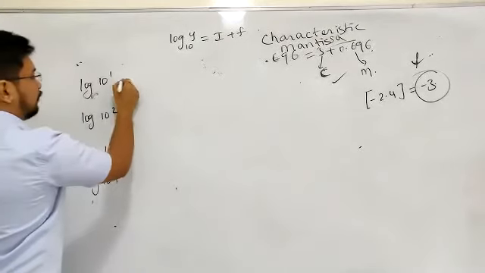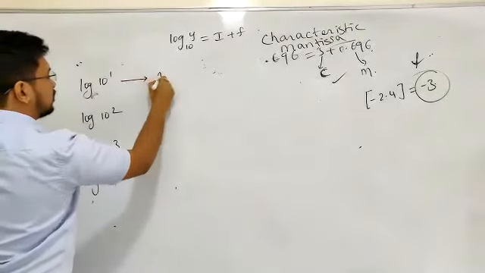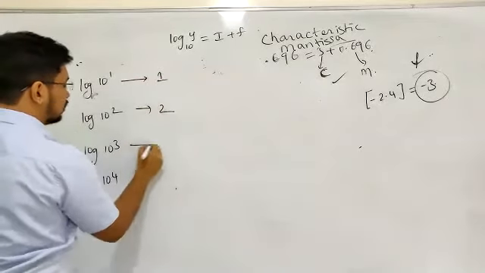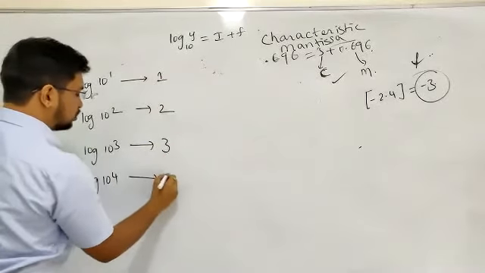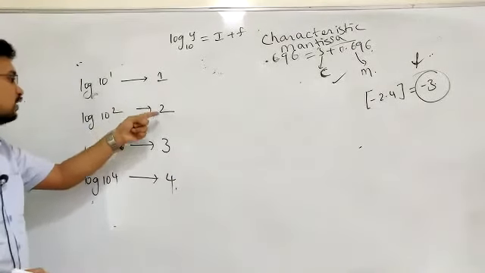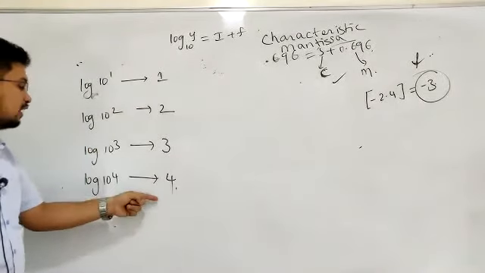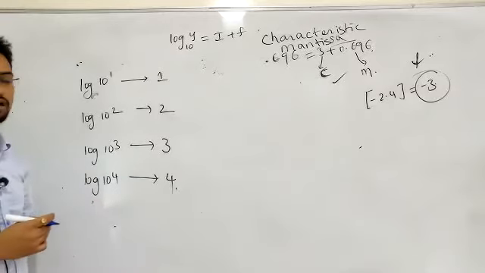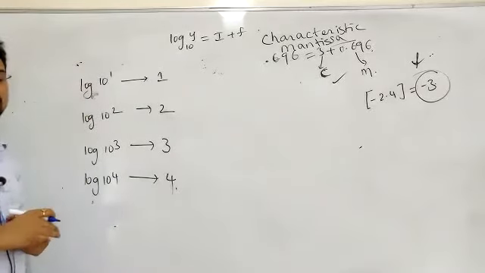Now, this value is 1, this value is 2, this value is 3, and this value is 4. So you are getting some values like this.